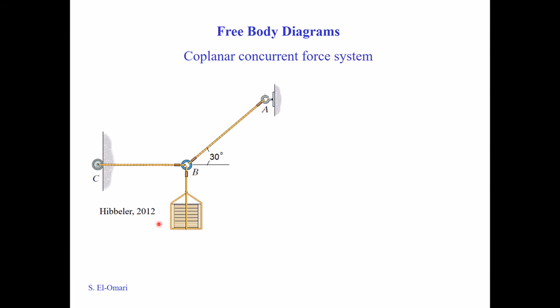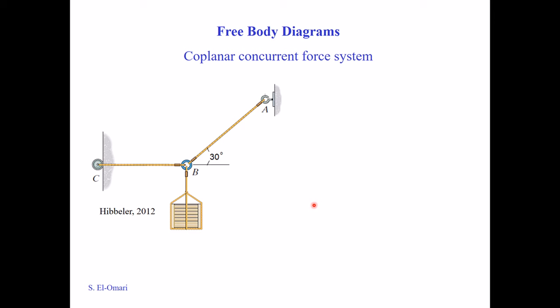If the weight of the box is given and we need to find the tension forces inside these cables, the first step is always drawing a free body diagram, disconnecting the system from its surroundings, and then replacing these with arrows to represent the forces and whatever is given.